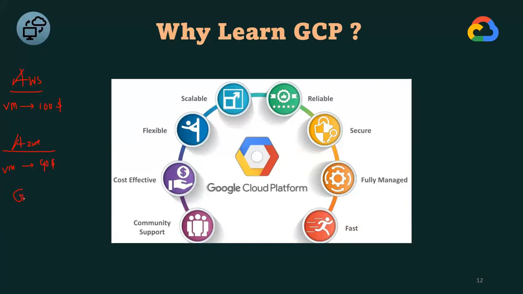In GCP, for the same virtual machine, the cost will be $80. Whatever features you are getting in the VM, those features are the same here also. Whatever security you get here, it is the same as here, same as here.